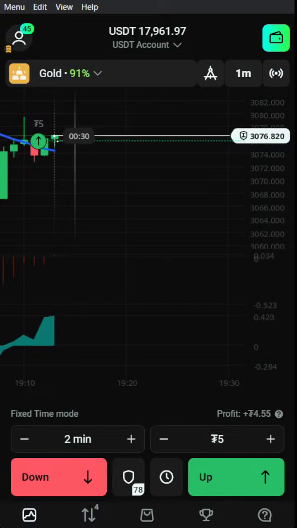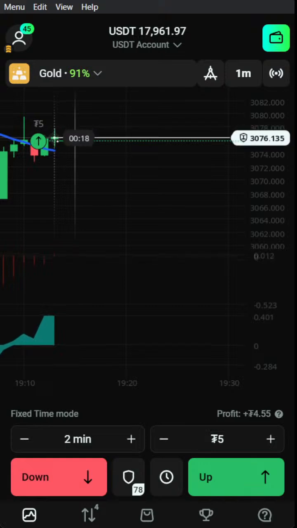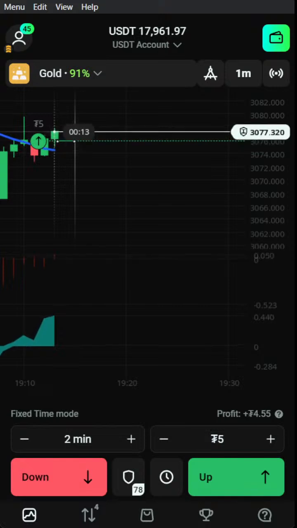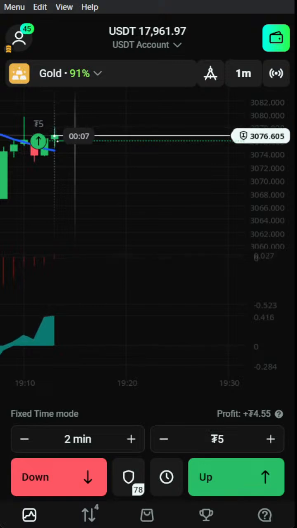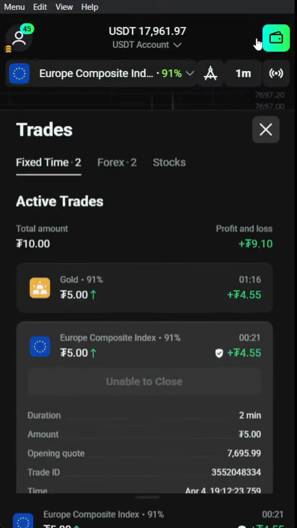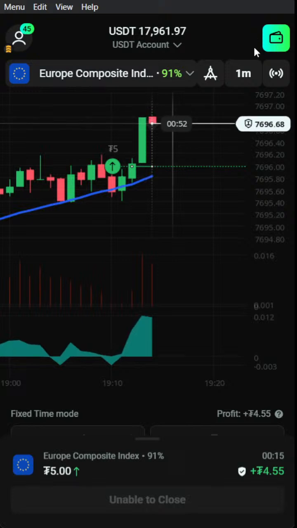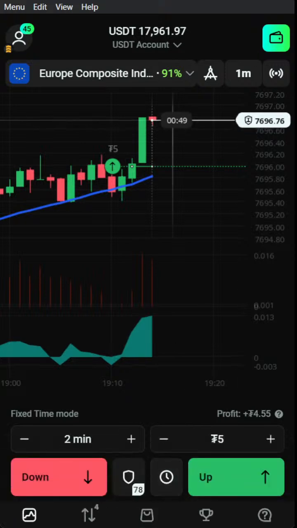Okay, so a couple of trades there. Alright, so what's the situation? There's fluctuation, but right now the euro composite trade is in our favor. 61, 65, this will almost be around. Okay, let's see. And what about gold?